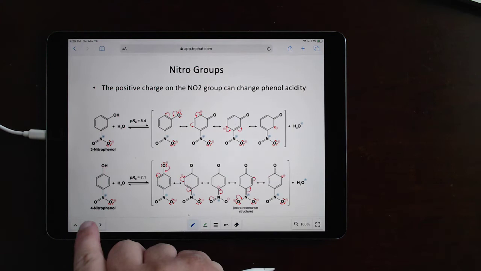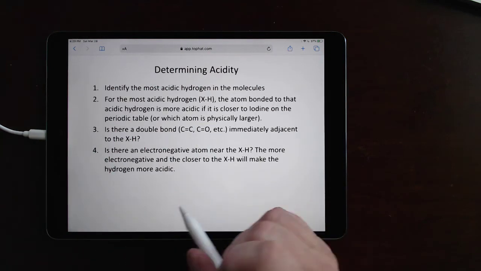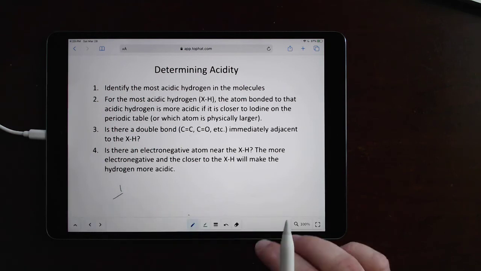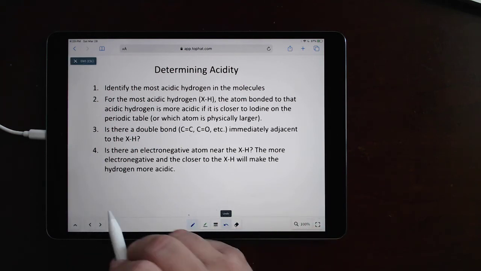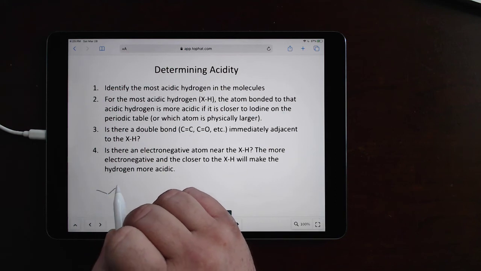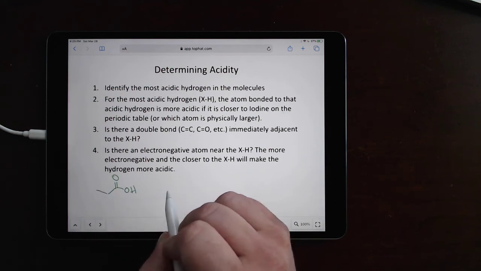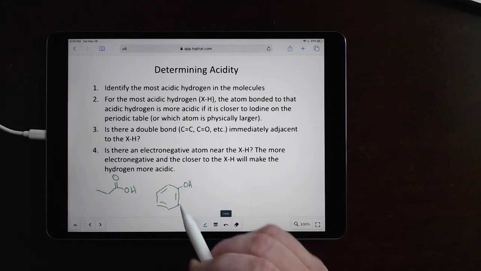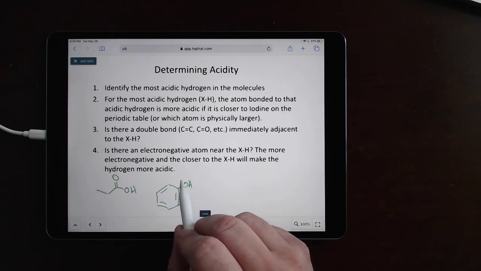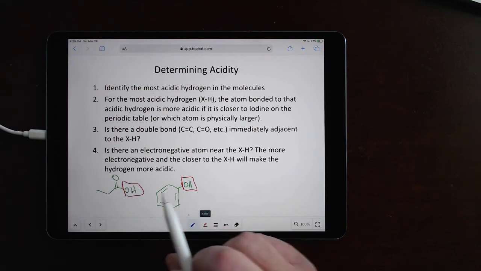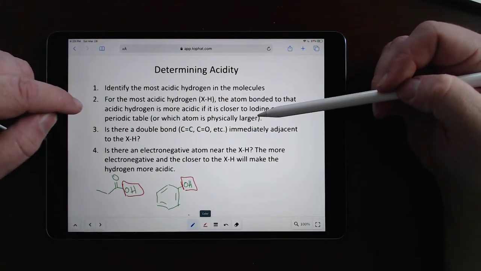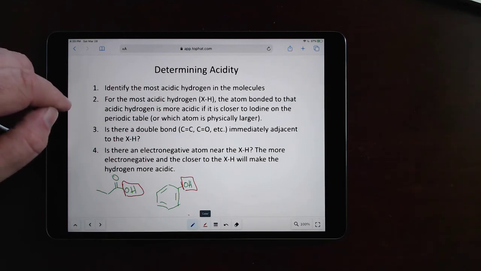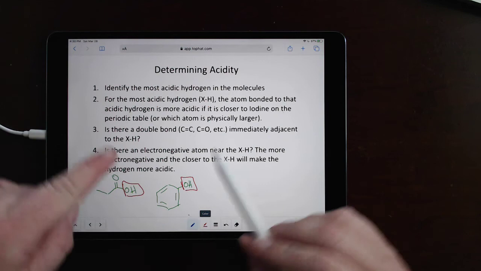So if we're looking at something like acetic acid versus phenol, the most acidic hydrogen is going to be this OH here, so they're both on the OH, and that's a tie.